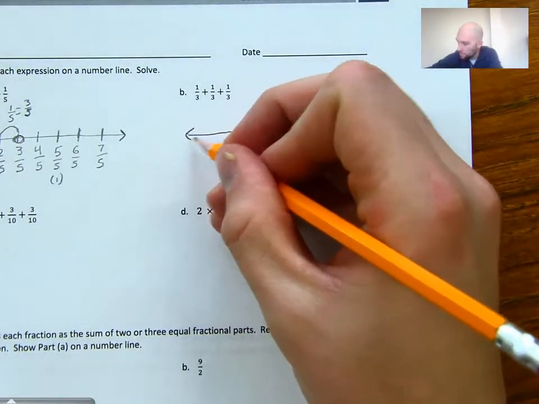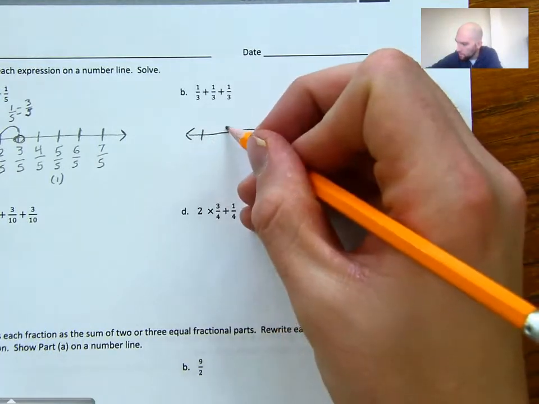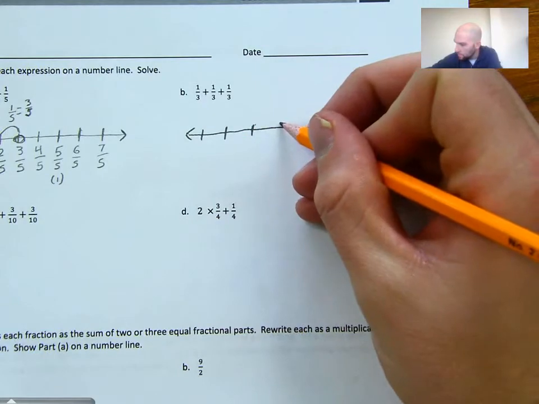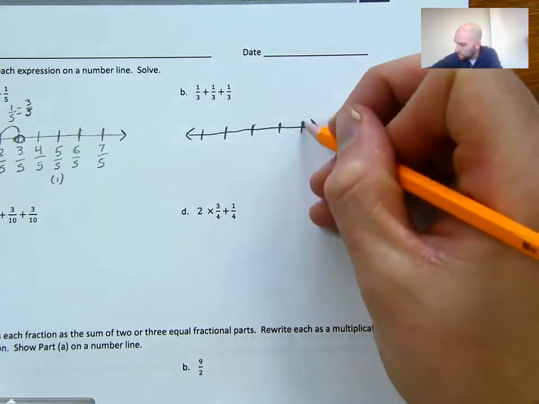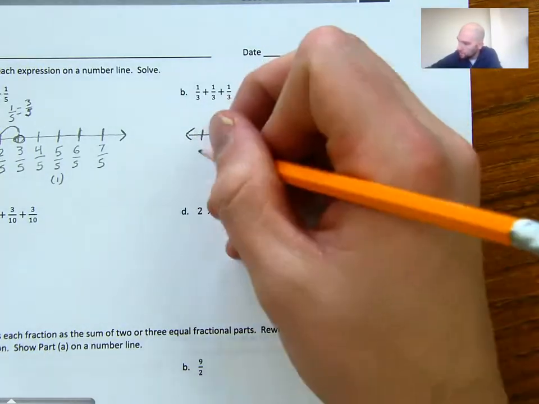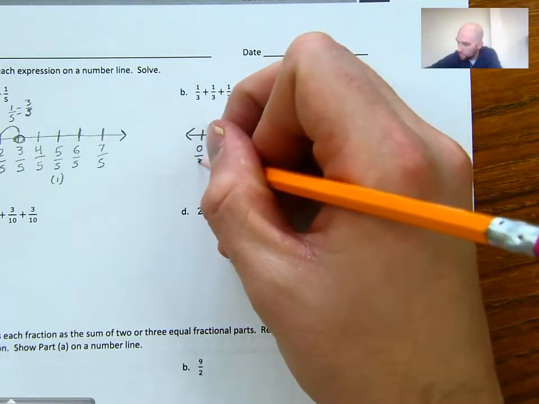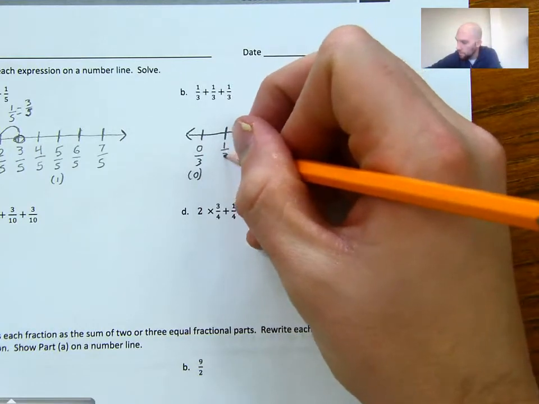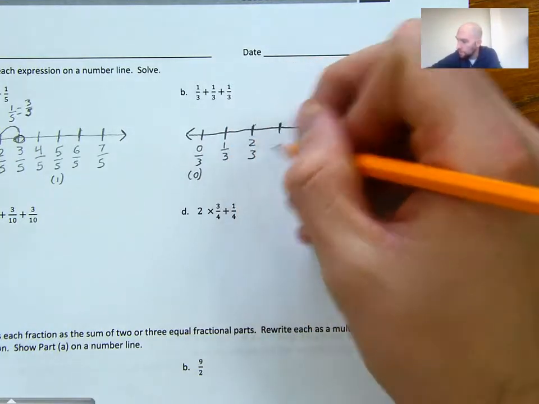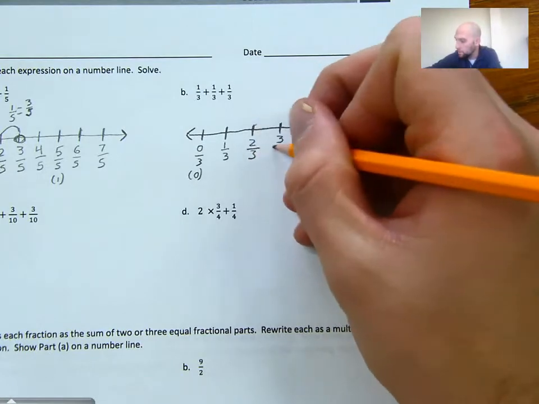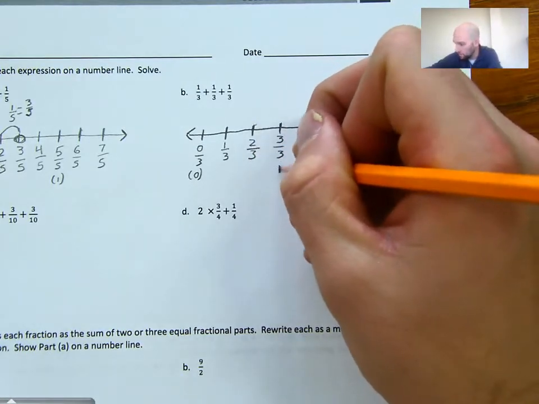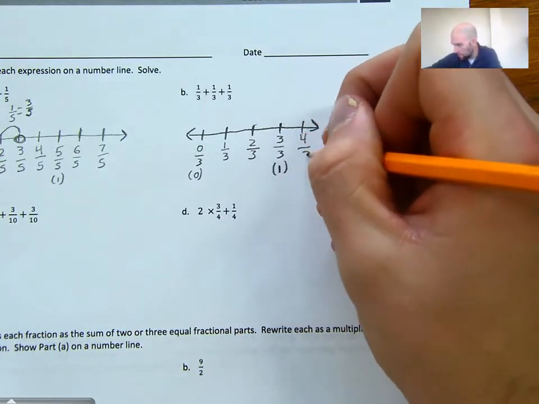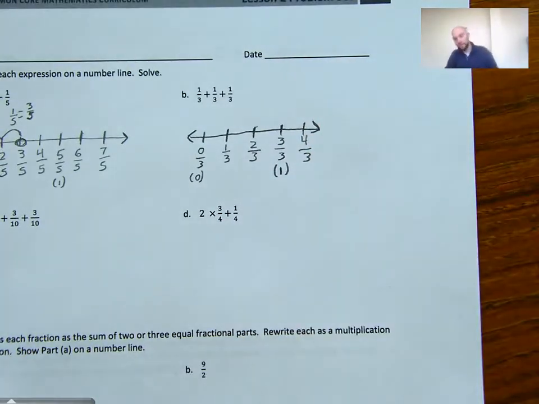This time, we're using thirds. So we have 0 thirds, which is 0, 1 third, 2 thirds, 3 thirds, which is 1, and then we'll go to 4 thirds, in case we need to go to 4 thirds.